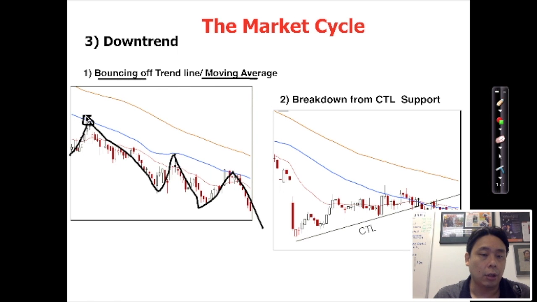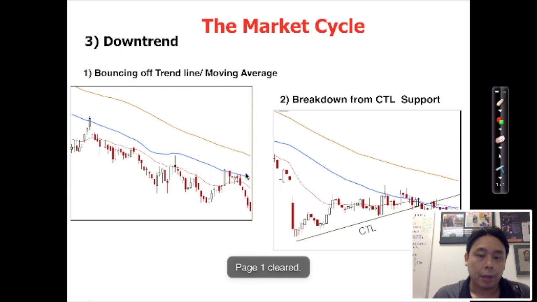You see it's lower highs and lower lows in this very nice wave pattern. Every time it rallies, it hits a moving average and bounces and comes all the way down. When you see a pattern like that, it's very obvious that you definitely want to sell somewhere over there once it has bounced.